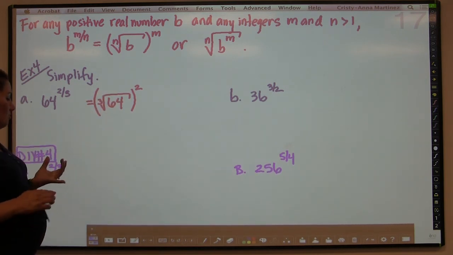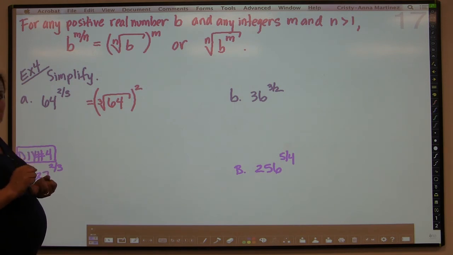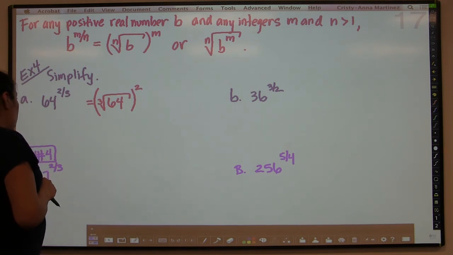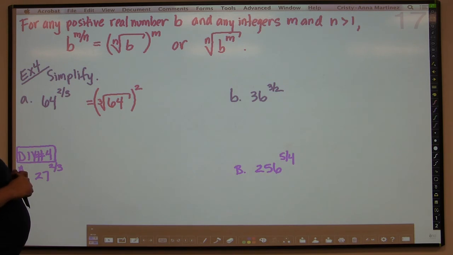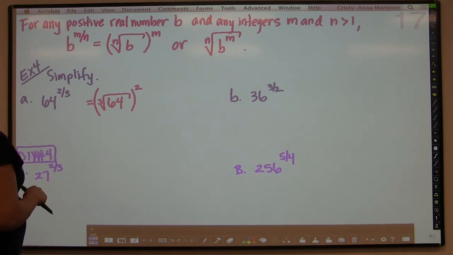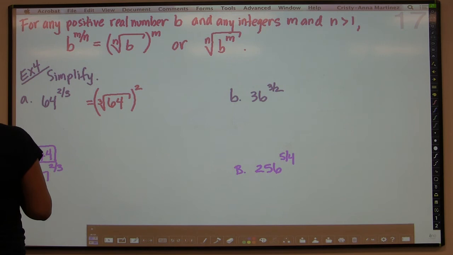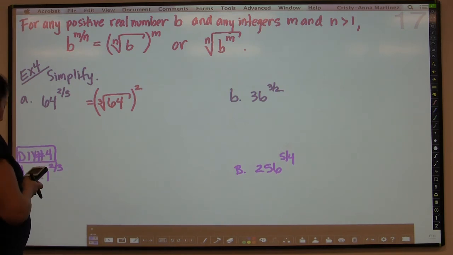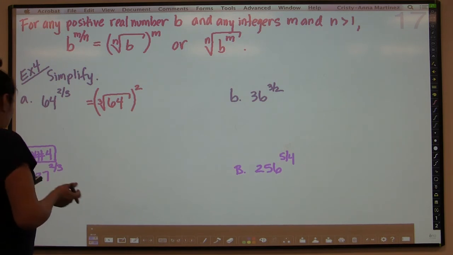I need a number that multiplies by itself 3 times to get 64. So we know that 8 times 8 is 64, but that's not going to work because the number has to multiply by itself 3 times, not 2 times. So what if we try 4 instead? 4 times 4 is 16, and then 16 times 4 is 64.